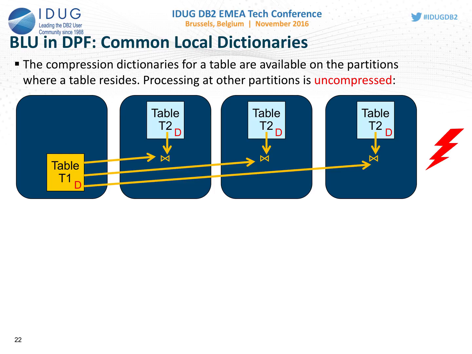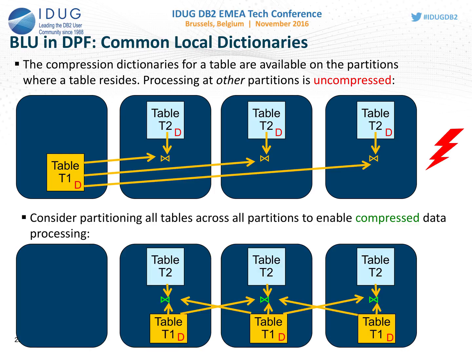So opposite to what you may have done with small tables in DPF in the past, you may want to consider distributing even your small tables. So at the bottom here, I hope you can see that from the back, I have decided to define table T1 as a distributed table. It's hash partitioned across the same partitions as T2, right?